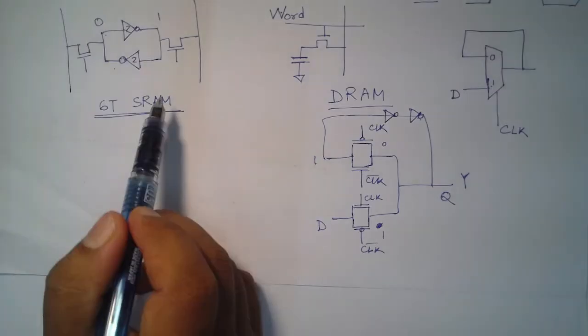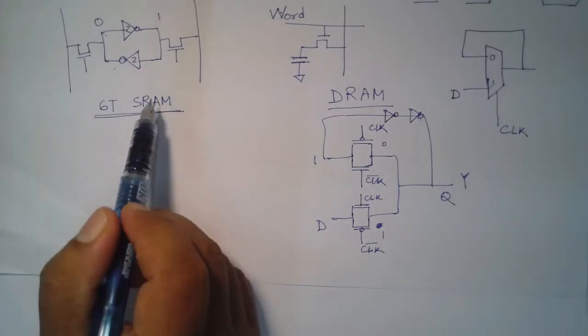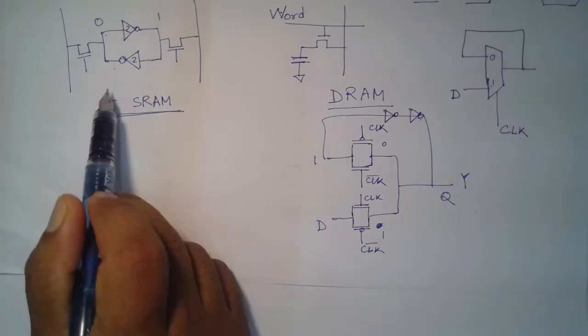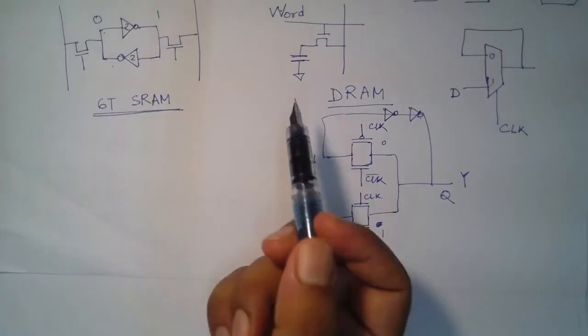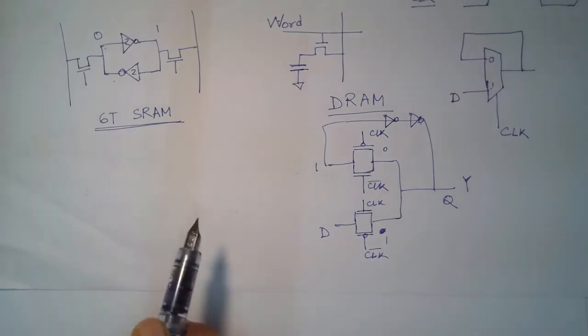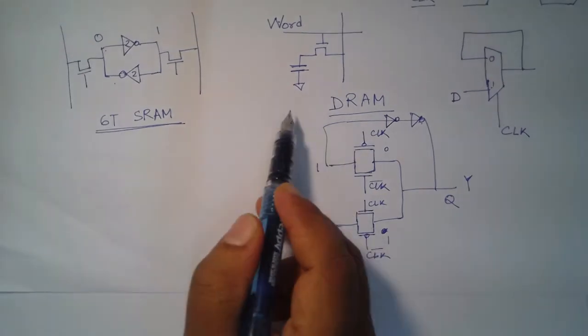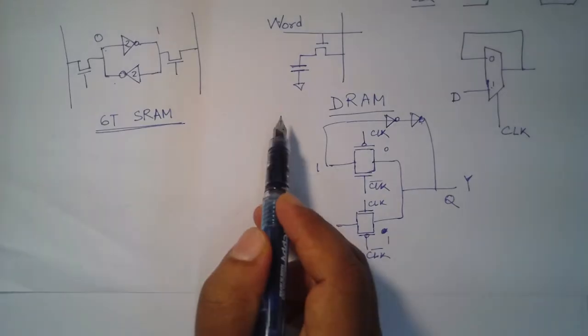SRAM is less dense compared to DRAM, because you need 6 transistors compared to 1 in case of DRAM, but the speed is much better compared to DRAM, and you do not need the refreshing and all these things in case of SRAM.